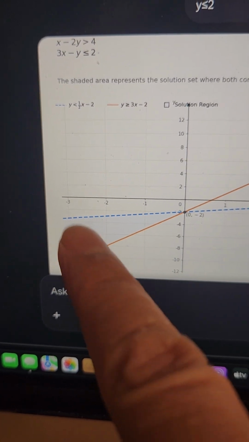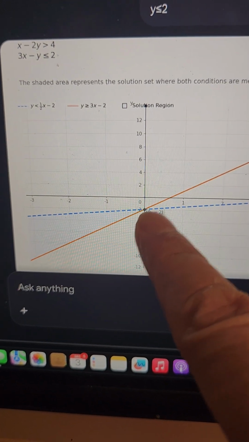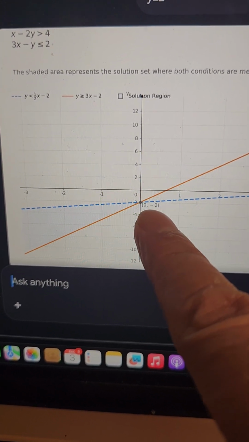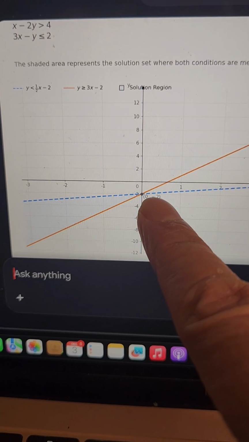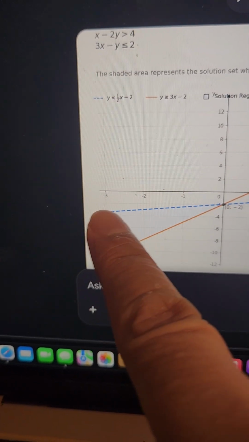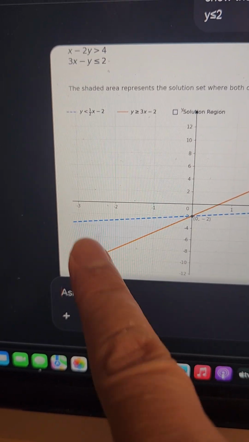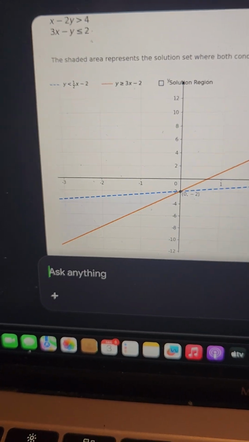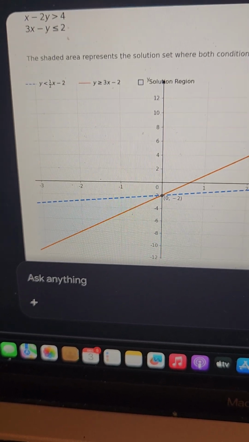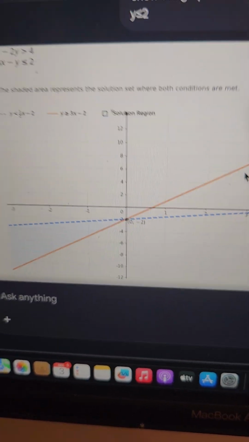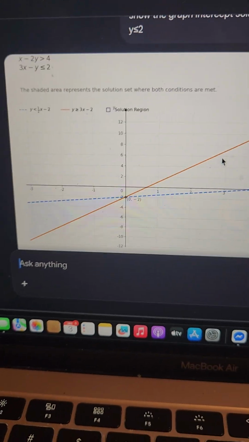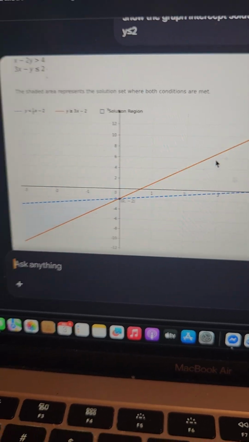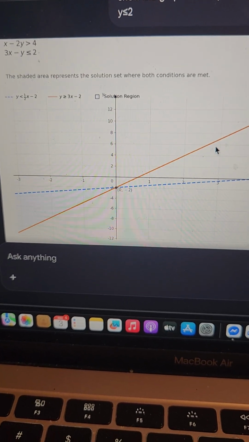So, kung saan sila nag-intercept in this part, so yung intercept nila, 0 and negative 2, diba? And then, tong area na to, siya yung range of values. Okay. So, basically, siya yung solution set mo for both system of linear inequalities. Alright, that's it.